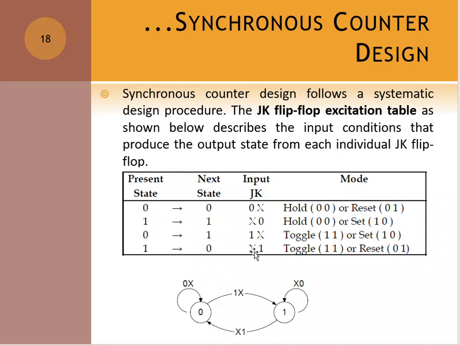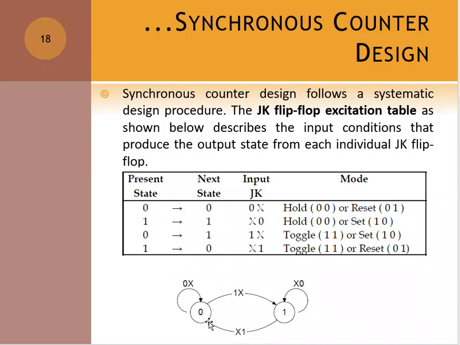If J0, K1, this is reset. If 1, 1, it is toggle. Okay. So this is the basic idea. So when a variable can take any value, either 0 or 1, we can put X. Okay. So this is, we can draw this one.